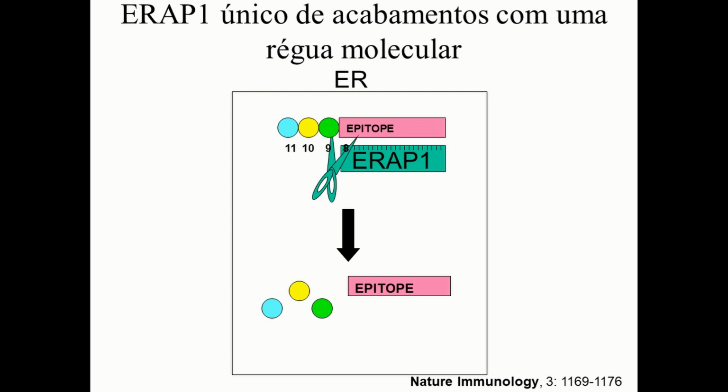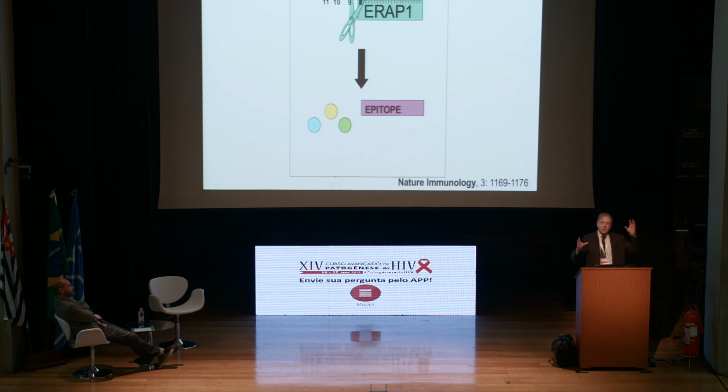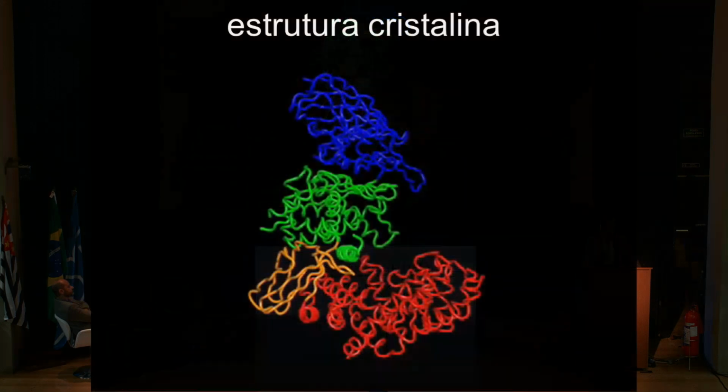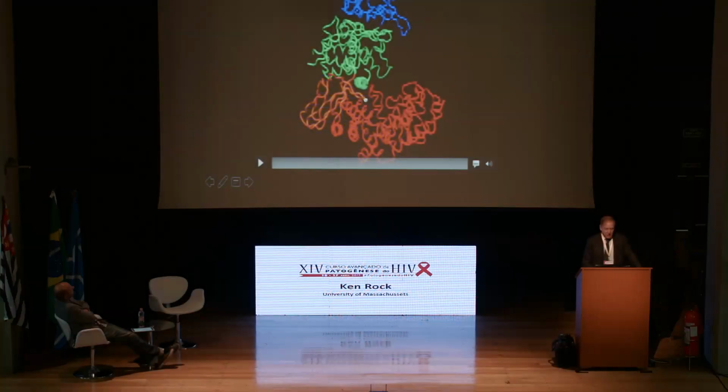And that number, 8 or 9 residues, should ring a bell in terms of what I've told you, because that's the exact size that an MHC class 1 molecule wants to bind. So this is really tailoring the peptides for presentation. This is a very interesting activity, and there's been interest in trying to understand how this works. So the ERAP1 molecule has been crystallized and its structure solved. It's shown here. The active site is found down here in the groove.